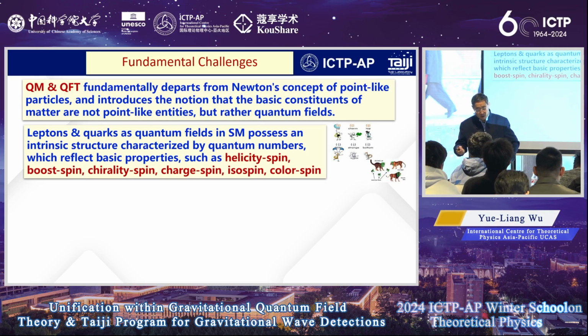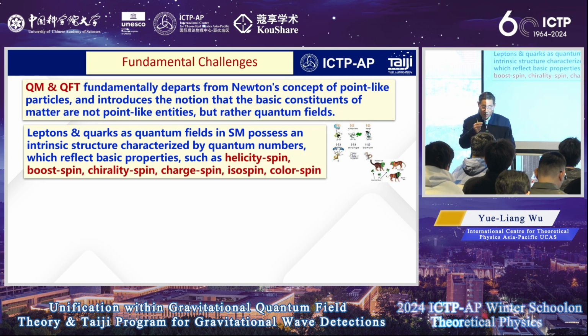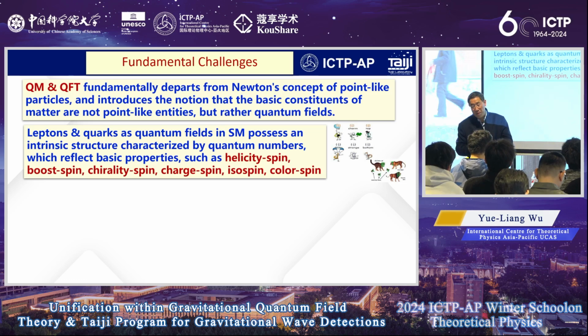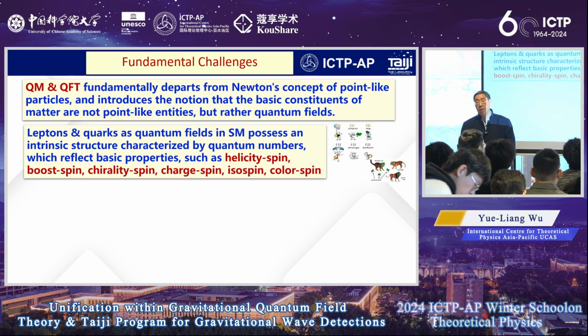But from string theory, you further extend the point particle to a one-dimensional object, and then develop string field theory. That is based on the string distribution, not on the coordinate distribution. But both have already extended the concept of the point particle.